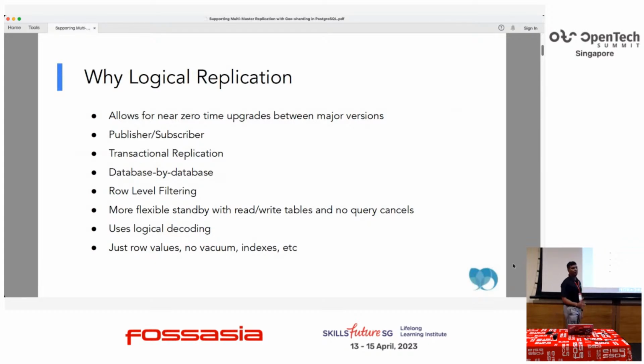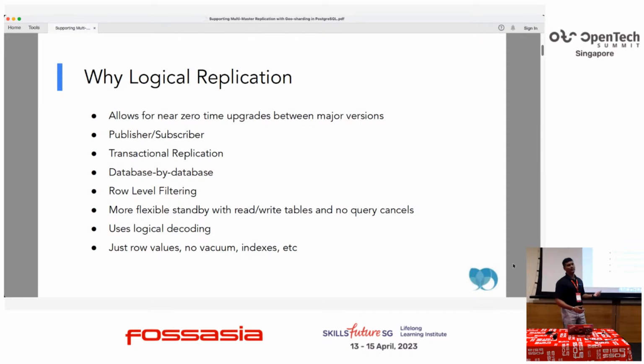For some of the folks that know about the replication methodologies available in Postgres, there's physical streaming replication, logical, and trigger-based replication, which is kind of a legacy. And we also have some of the asynchronous replication technologies that are coming into the mainstream of late, right?